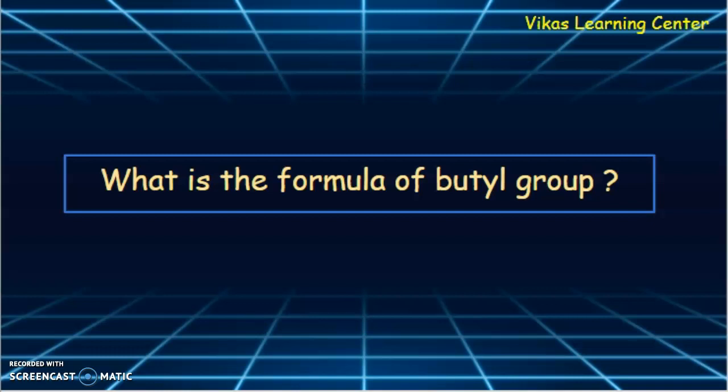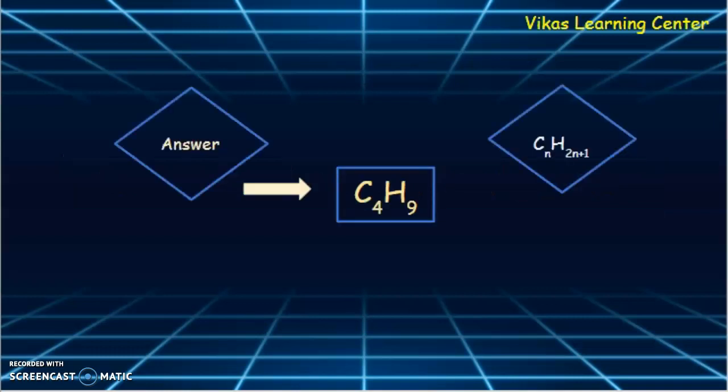So the question is asking about the formula of the alkyl group having 4 carbon atoms, that is butyl group. As we know, the general formula of alkyl group is CnH2n+1. So if you substitute n equal to 4, we get the formula of the butyl group as C4H9.